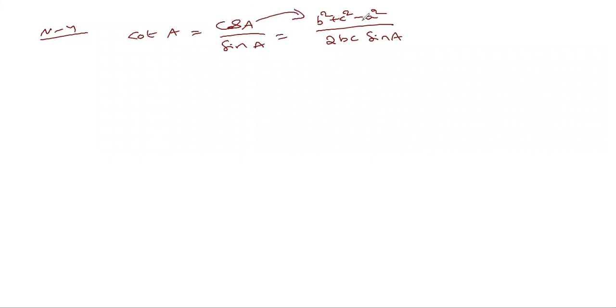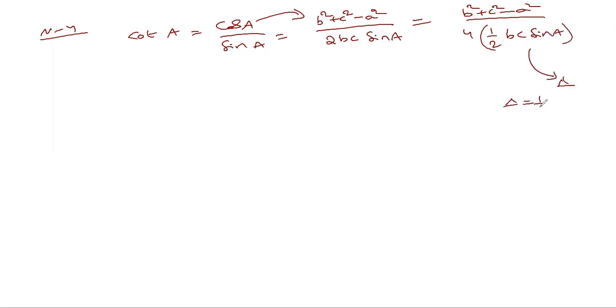Now you can write this as b square plus c square minus a square divided by 4 times half bc sin A. We know that this is area of triangle.